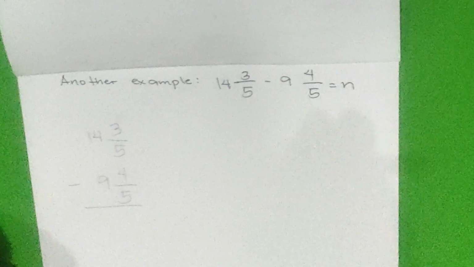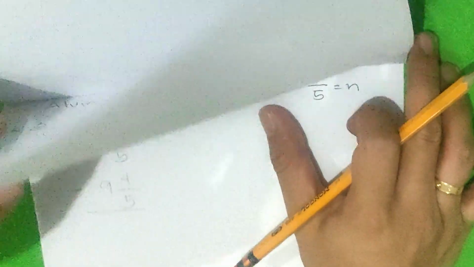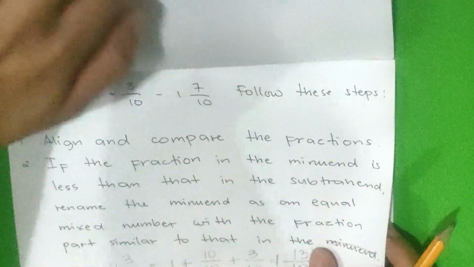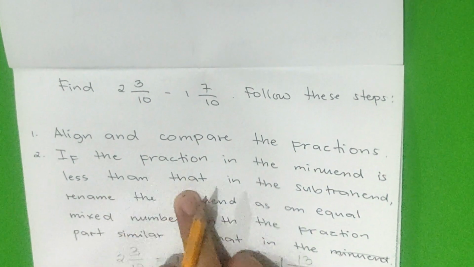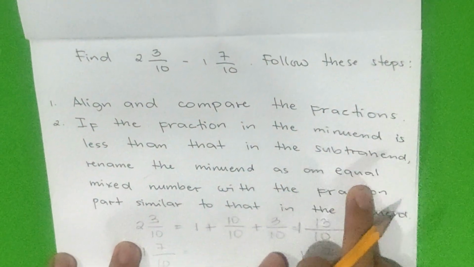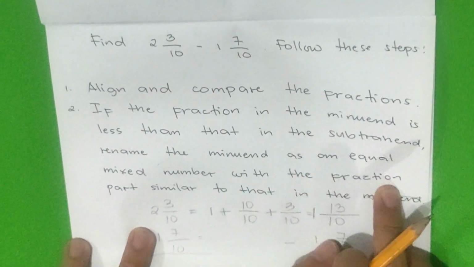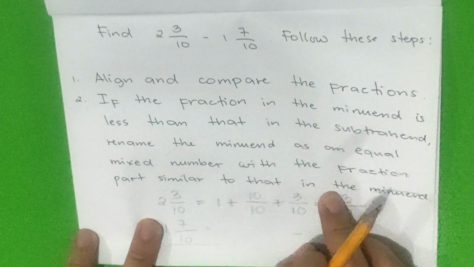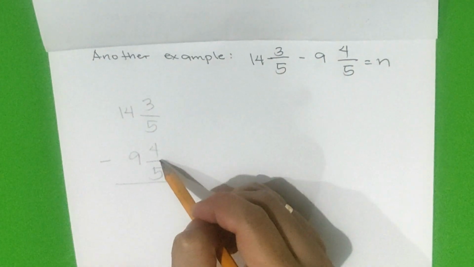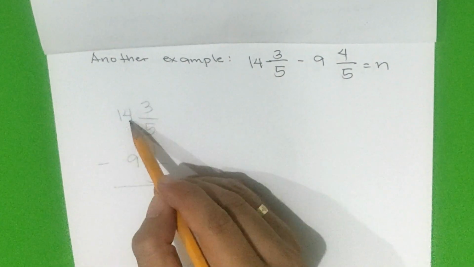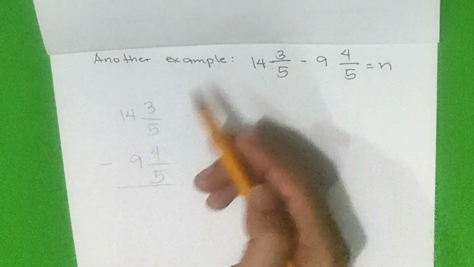The second step is, if the fraction in the minuend is less than that in the subtrahend, rename the minuend as an equal mixed number with the fraction part similar to that in the subtrahend. Since our minuend is lesser than the subtrahend, let's regroup the whole number 14.